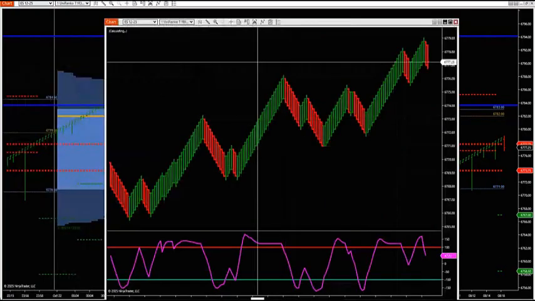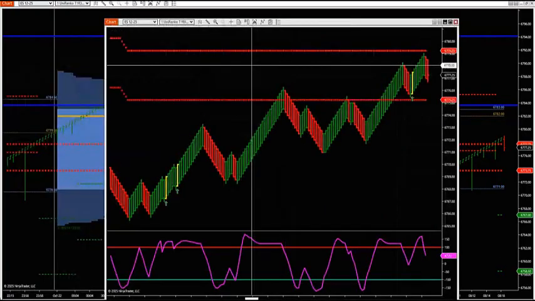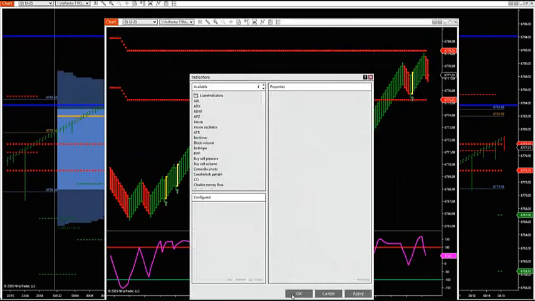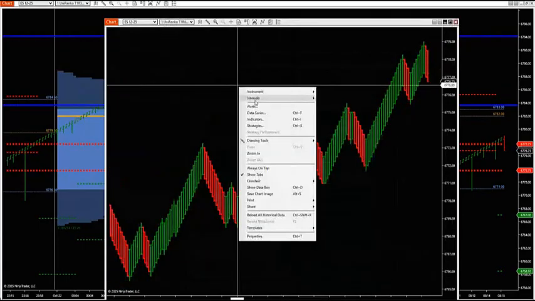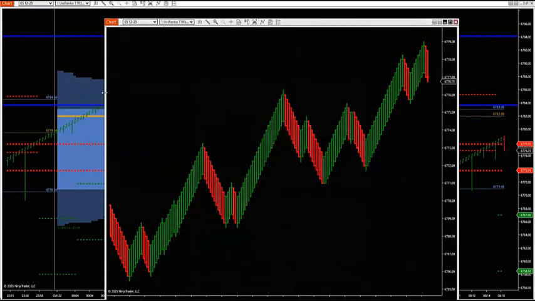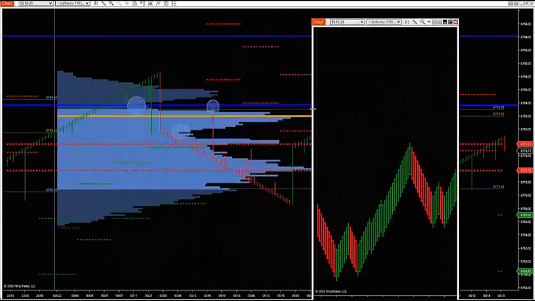I'll get these off here real quick. So let's say we take a smaller Renko, like a 166 or a 116, and we look when we get into this liquidity grab pullback.